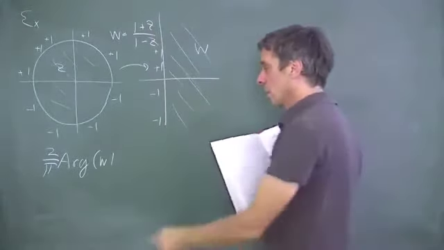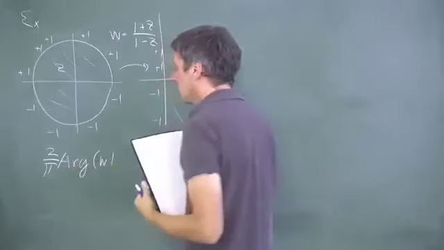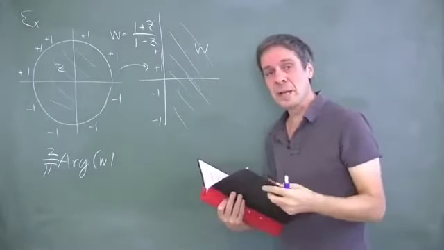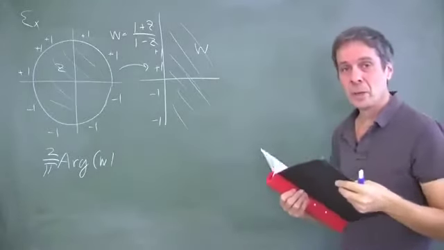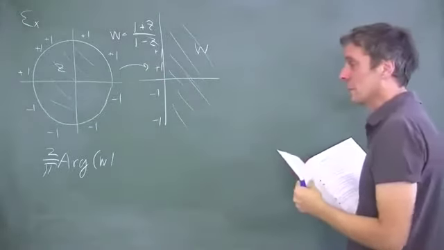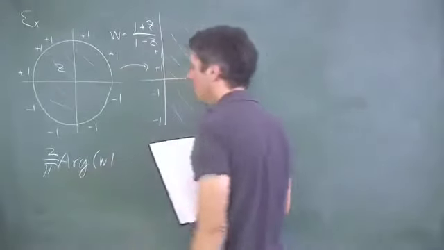And it's also harmonic. Why? Because the argument function is essentially the imaginary part of the logarithm function. So since the imaginary part of an analytic function is always harmonic, we see that this function is harmonic.